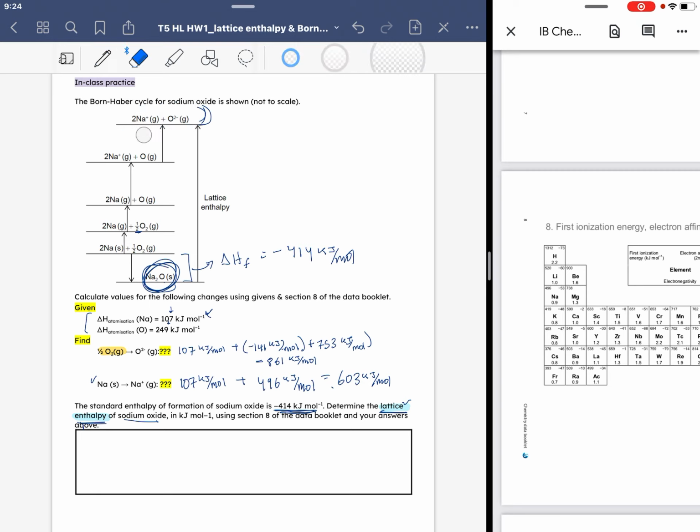All right, so I know that together to go from here to here is 861 kilojoules per mole from oxygen, plus 603 kilojoules per mole from sodium.